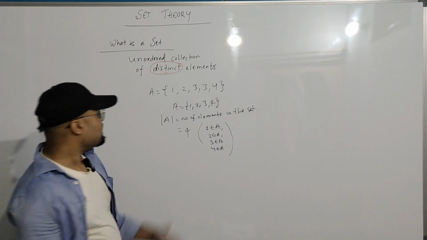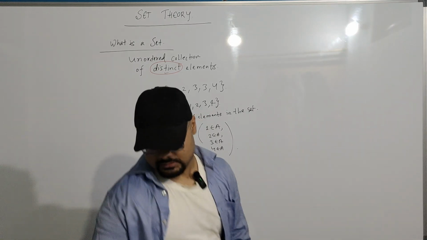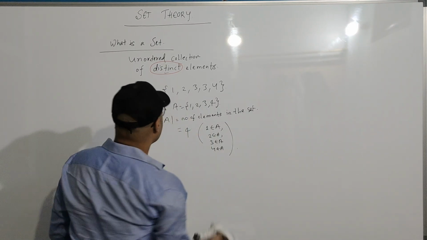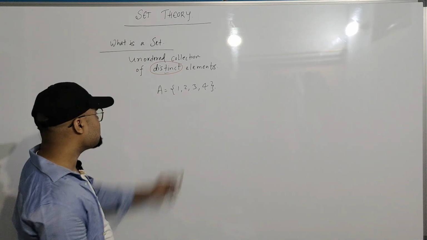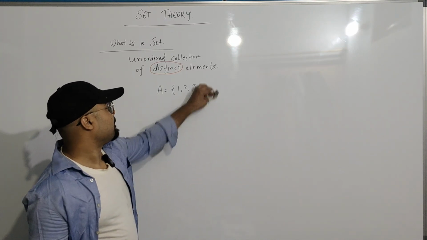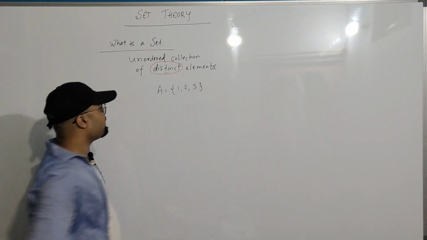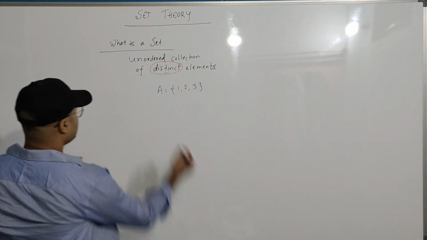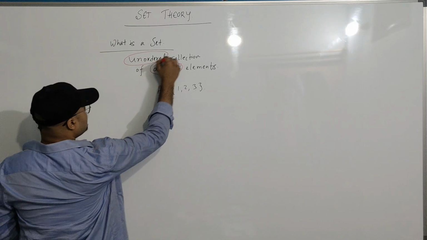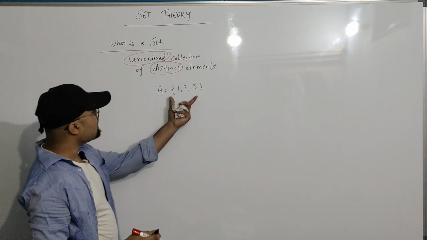Okay. So let's take only 1, 2, 3. Set is an unordered collection. So we are just concerned with the distinct elements.